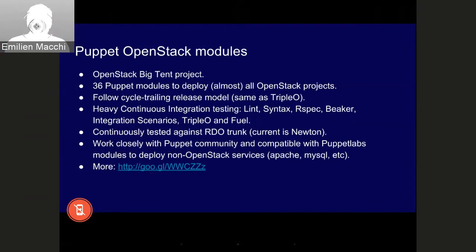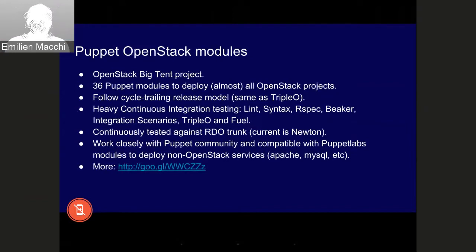If you're submitting a patch in Puppet Nova, we will actually deploy some nodes and test that you can deploy Nova and configure it, and that Nova is actually working. We are using the RDO trunk on master, so every day we are testing Puppet modules against OpenStack master.